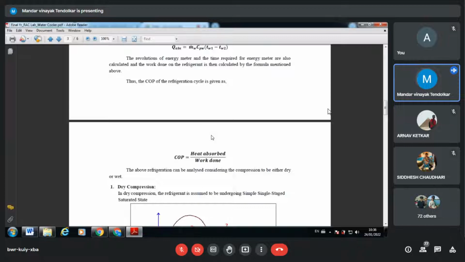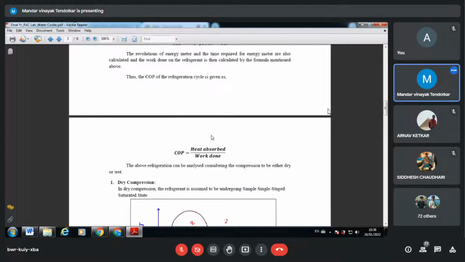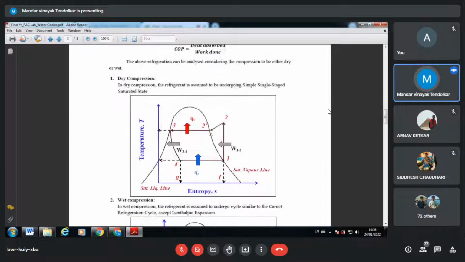Fine. Now I want to plot the same cycle on the p-h chart. The description I have given so far is with respect to the T-s chart, because I have not yet introduced the p-h chart. Now if I want to plot this, what I know is the condenser pressure over here and the evaporator pressure over here, but I do not have the temperature readings.